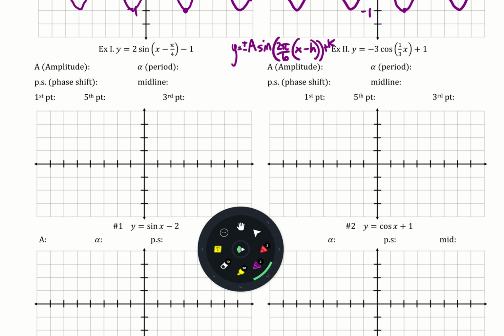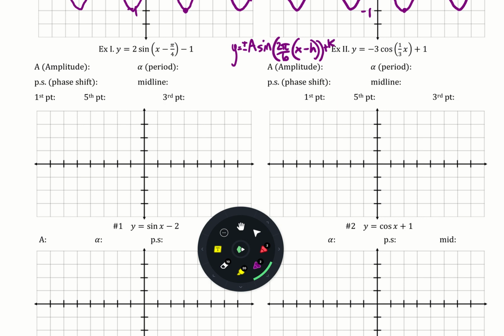Don't ask me why I left myself so little space to write that. Now, plus or minus indicates the vertical reflection, if there is one. A is the amplitude.